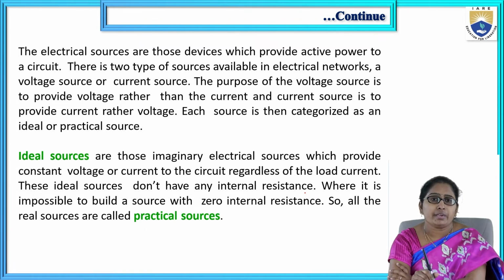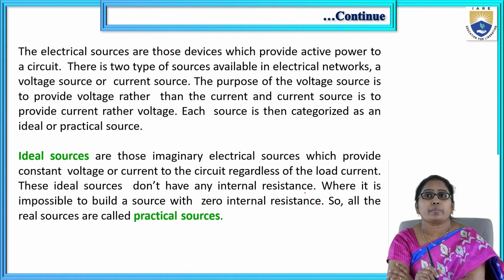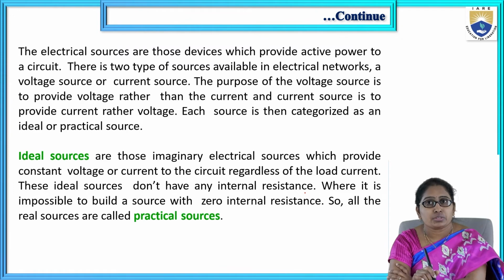Now, what is meant by ideal source? What is meant by practical source? Ideal sources are imaginary electrical sources which provide constant voltage or current to the circuit regardless of the load current.